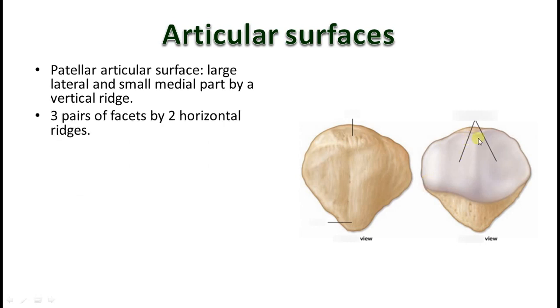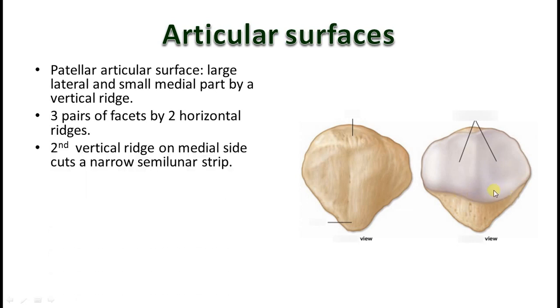Now this articulating surface, medial or lateral, the lateral being more extensive, is again divided by faint transverse ridges into three pairs of facets: above a pair, in between a pair of facets, and the lower part again a pair of facets. As I told you, there is one more narrow strip here.